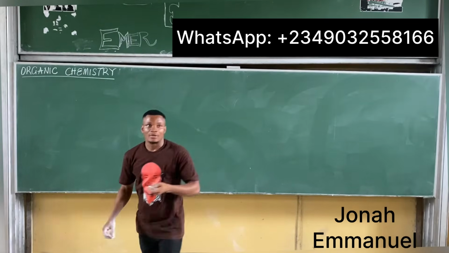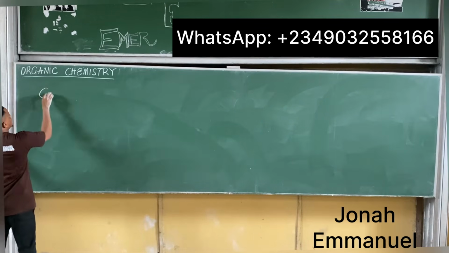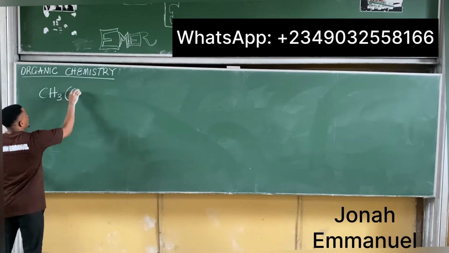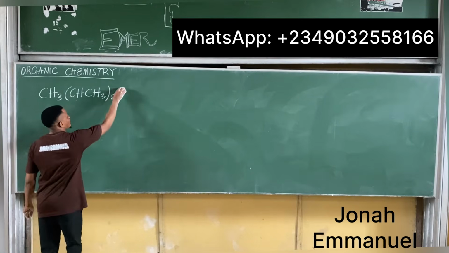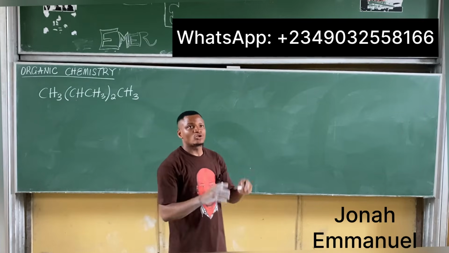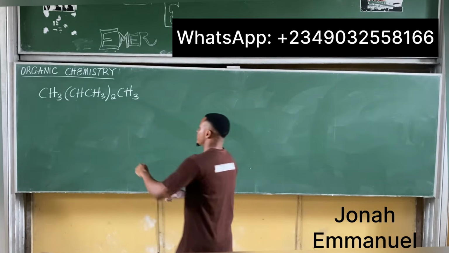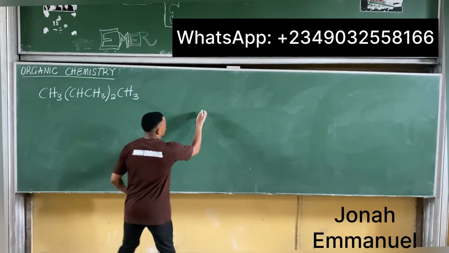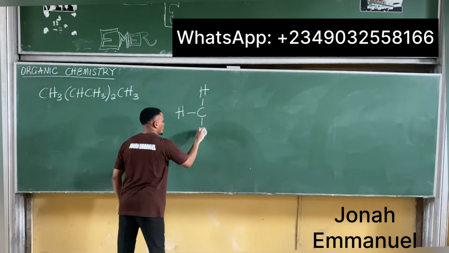Any question again? Please give me that structure again. How do I name CH3 CH(CH3) CH(CH3) CH3? I've said as much as you can, to easily name a compound, first of all, draw the structure. Start with this one here, CH3. So it becomes C, 1, 2, 3.